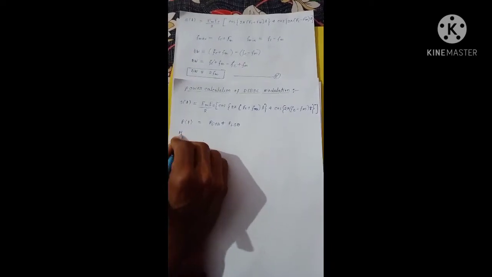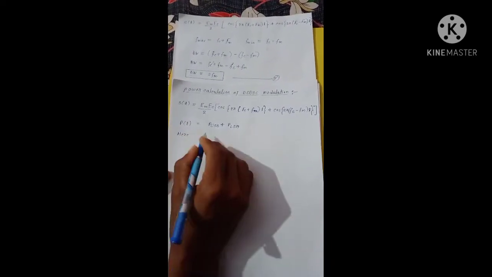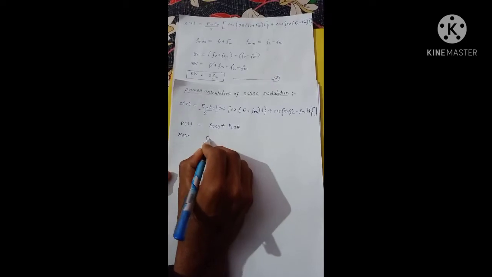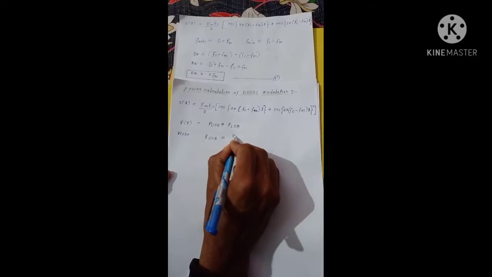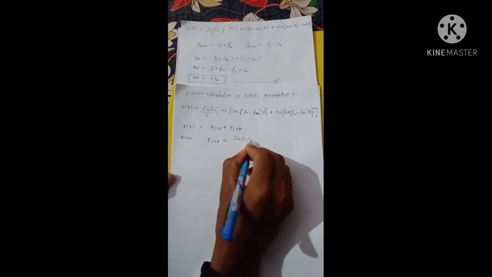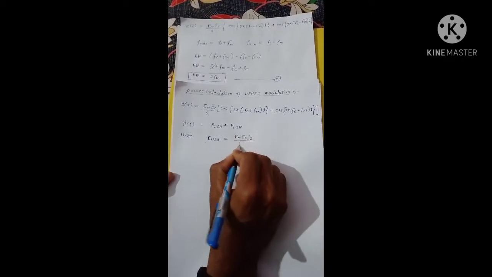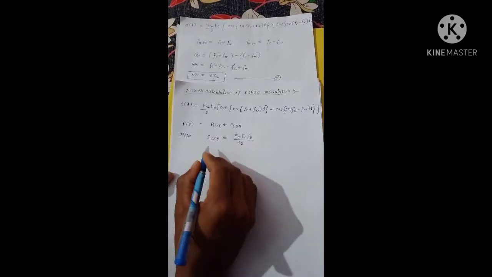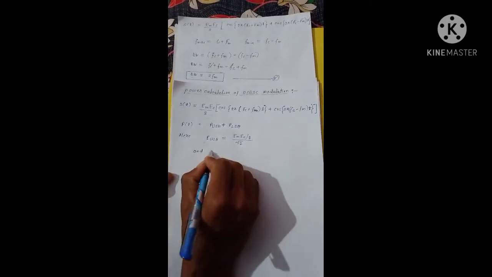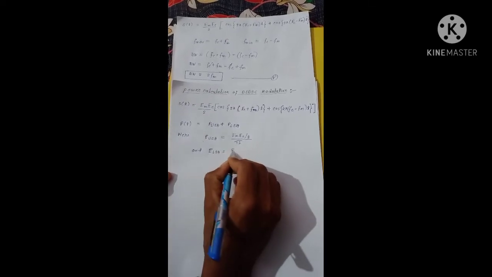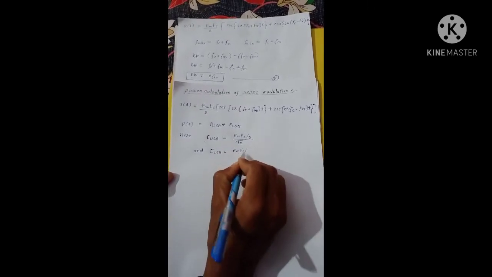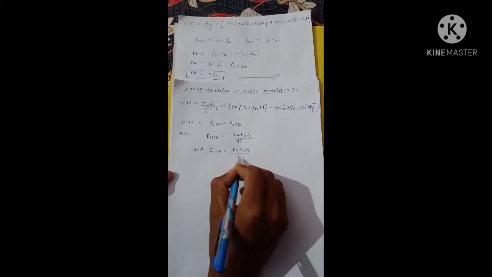Here EUSB is equal to Em Ec by 2 upon root 2 and ELSB is equal to Em Ec by 2 upon root 2.